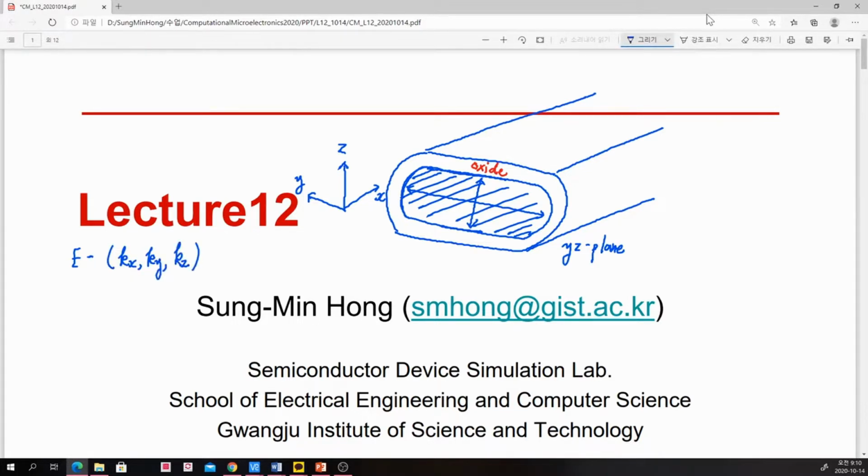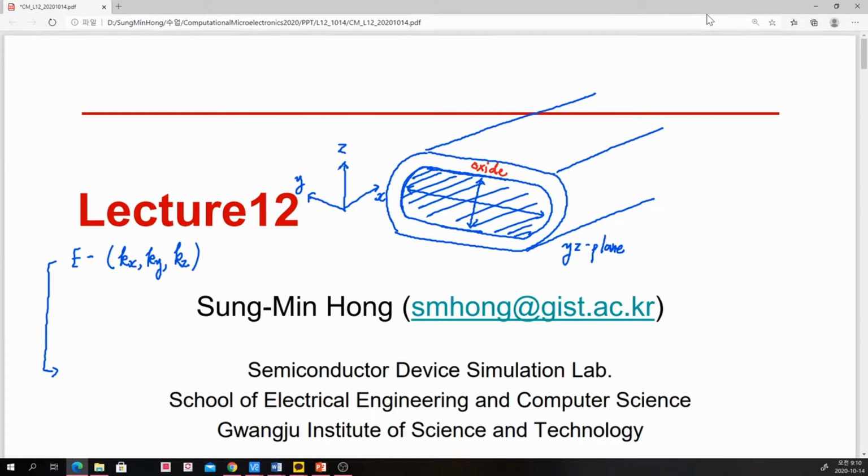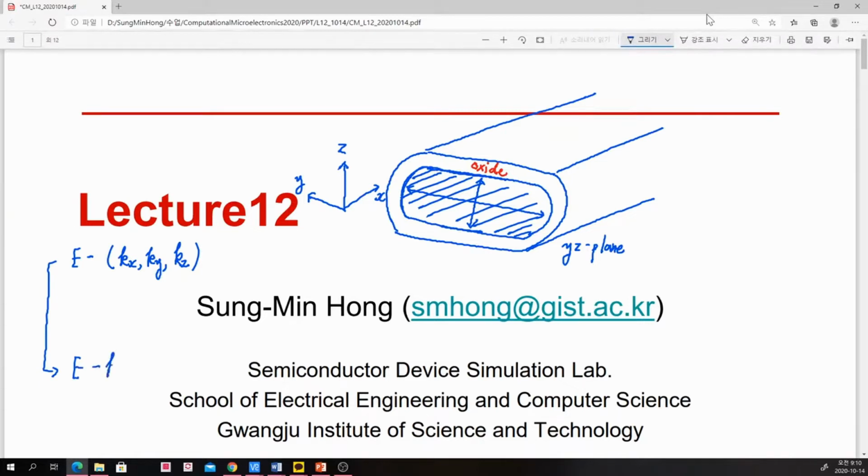That was the three-dimensional system, but now we can easily understand that the only possible motion which is allowed is E versus kx. So the information about the motion or wave function along the y direction and z direction should be merged into a certain number corresponding to, again, the subband.